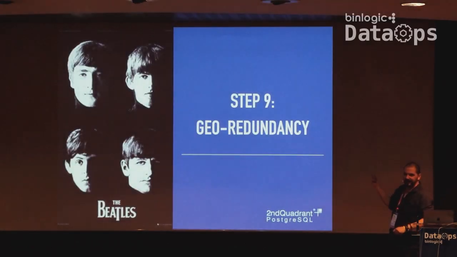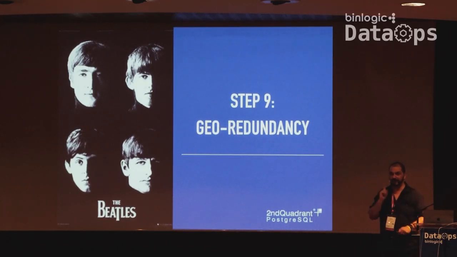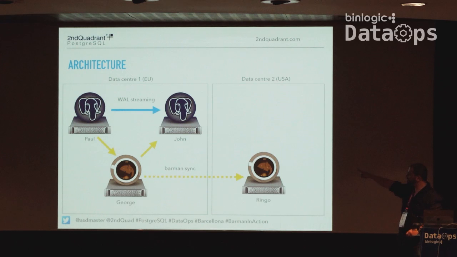And this is the latest file. Why do we also add Ringo? Because we want to connect Barman to another Barman in another data center and back up your backup in another data center. For example, we have Paul and John, an infrastructure we set up, and we want to sync Barman with another Barman that is, for example, in the US, while this is in Europe. Why?